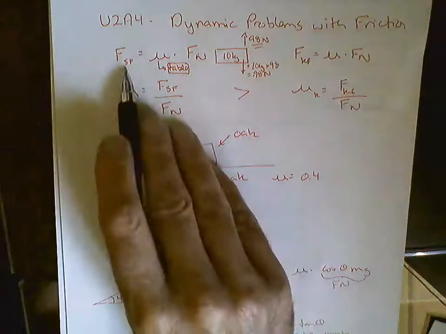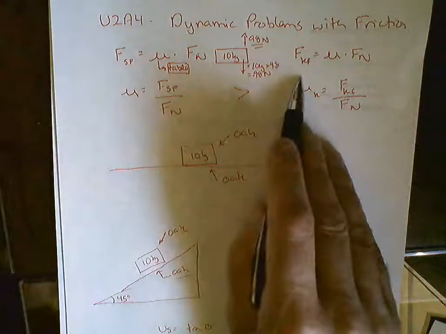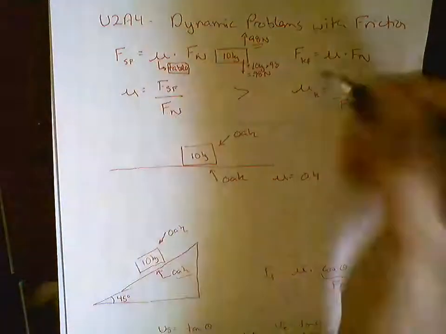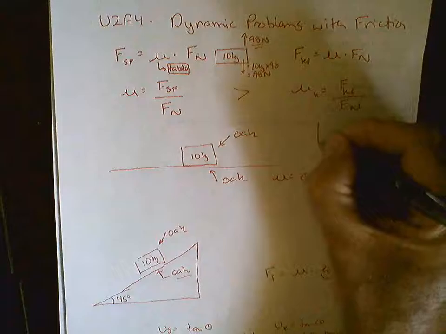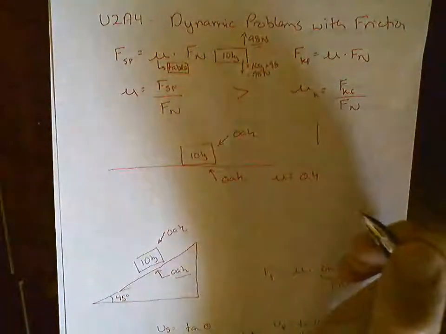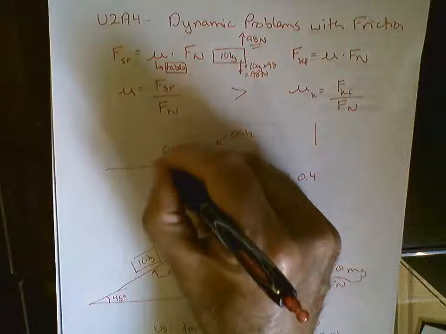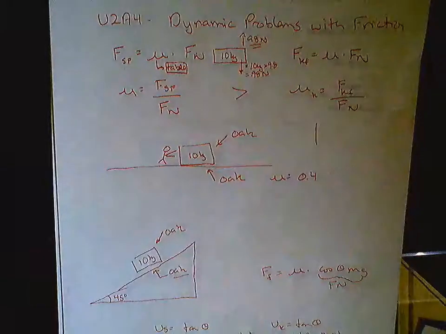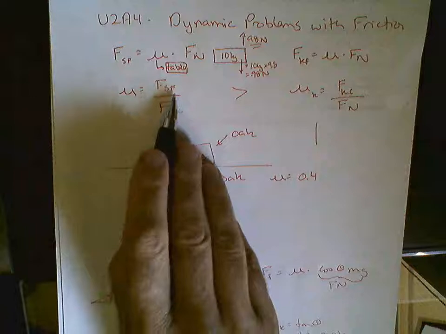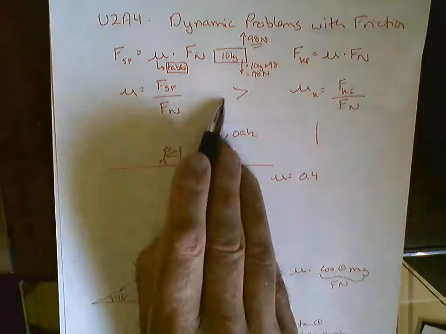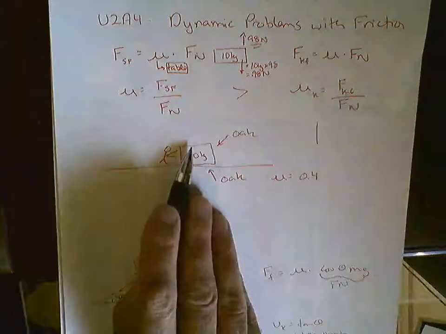Now, what's the difference between static friction and kinetic friction? Well, if we had a person pushing a block of wood, the static friction would be greater than the kinetic friction.